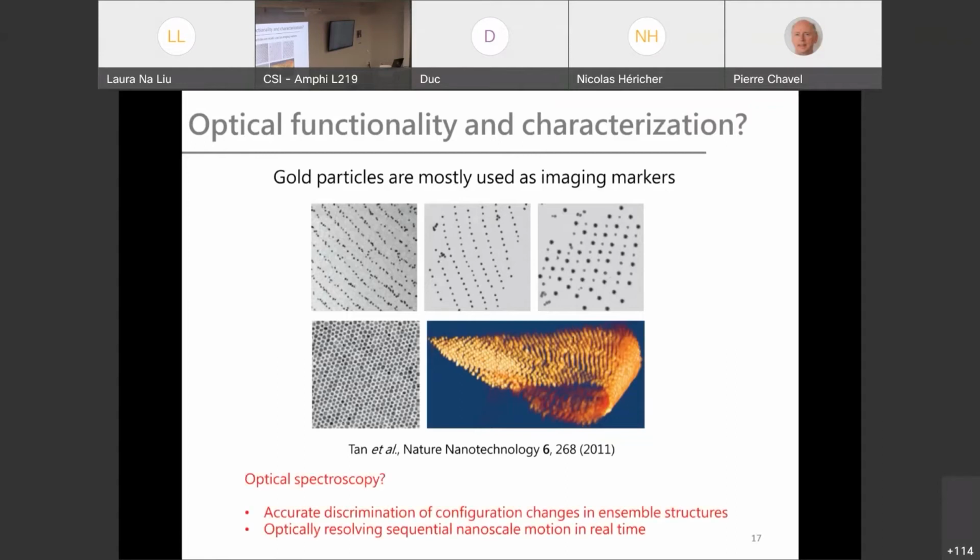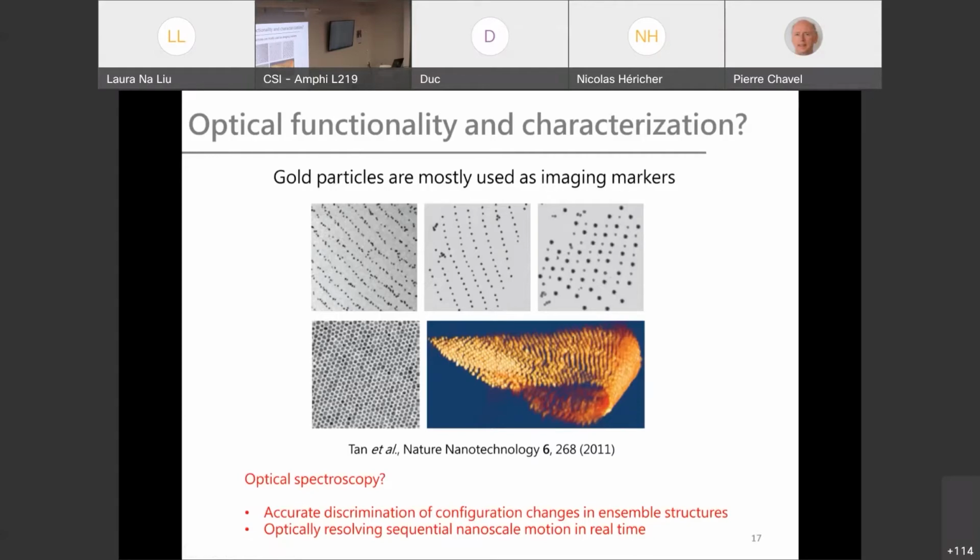Therefore, we ask ourselves, since we have gold nanoparticles and we can excite really nice plasmonic resonances, can we utilize the plasmonic resonances as well? That means we utilize gold nanoparticles as the optical probes, not only as these simple imaging markers. This is one question.